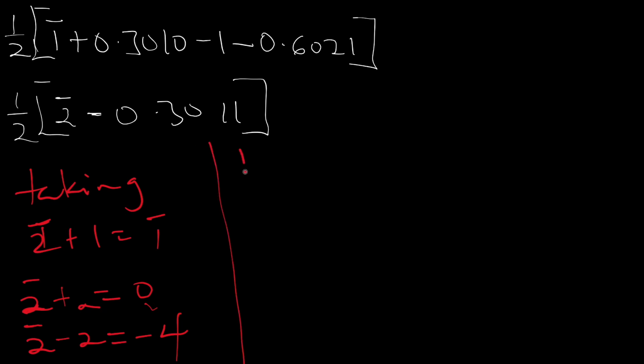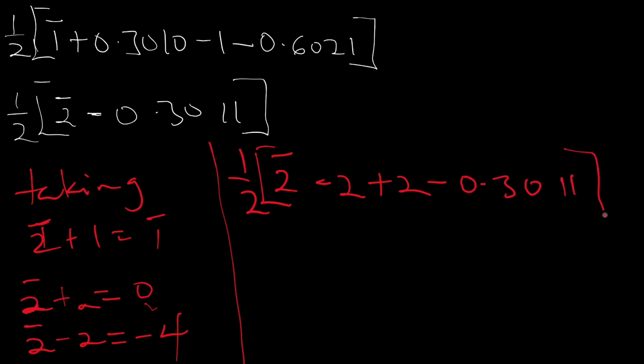So we have 1 over 2 into bracket bar 4 plus 2 minus 0.3011. In this case, we've not changed our expression. So we have 1 over 2.